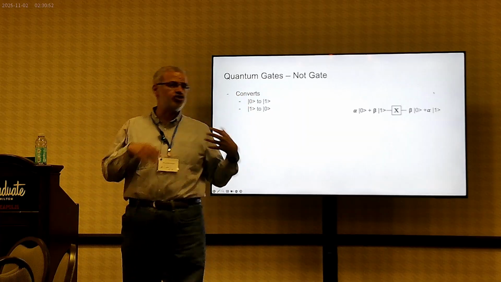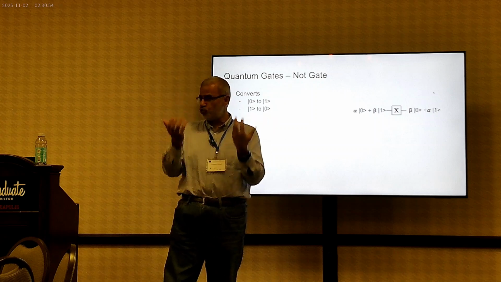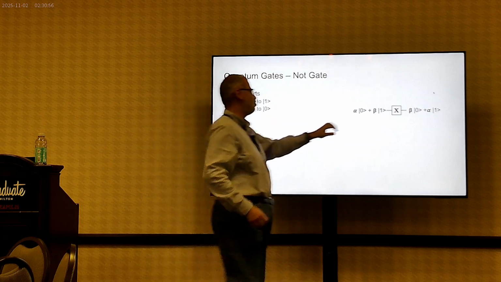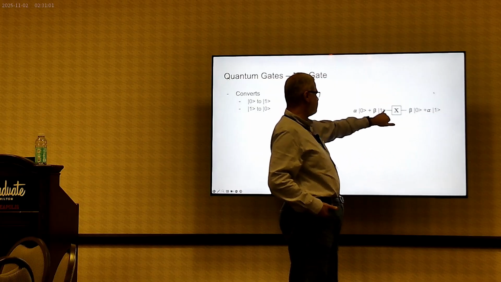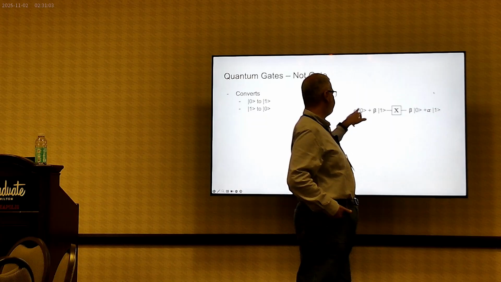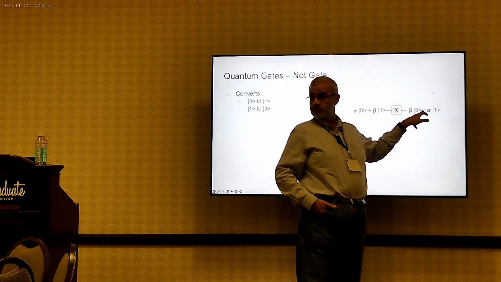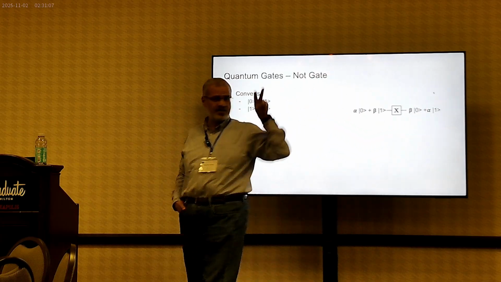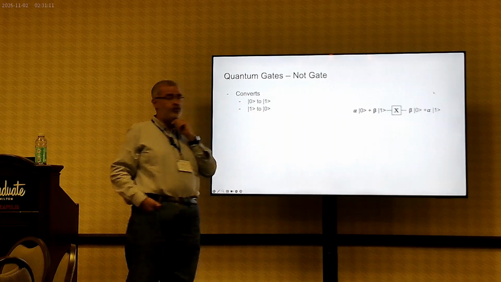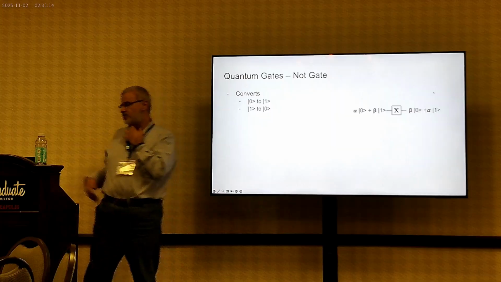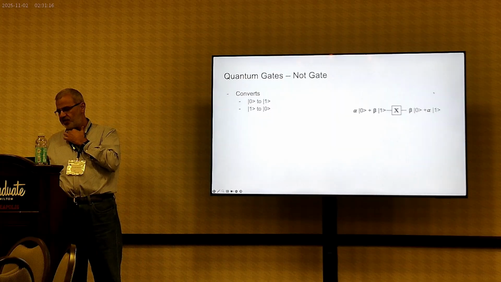So the input can be a general qubit in an arbitrary superposition. If your input is alpha 0 plus beta 1, the output will invert these, so it will be alpha 1 plus beta 0. You inverted 0 and 1 at the same time in one operation. Any problem? This is one of the famous single qubit gates.